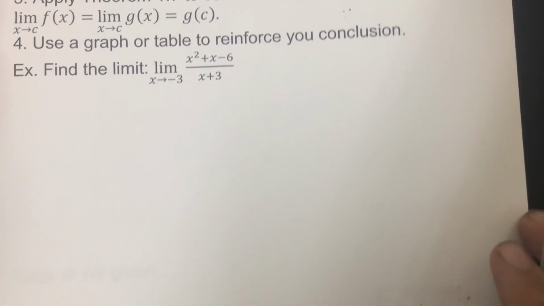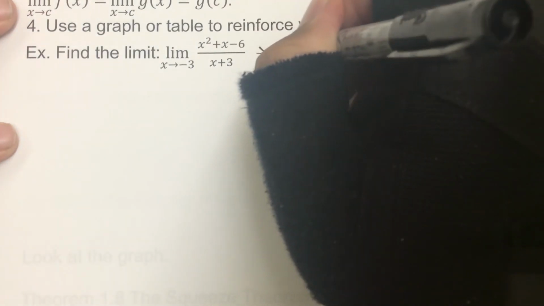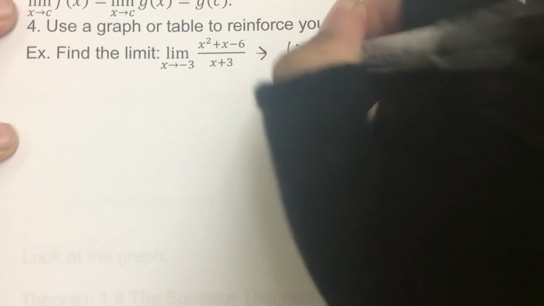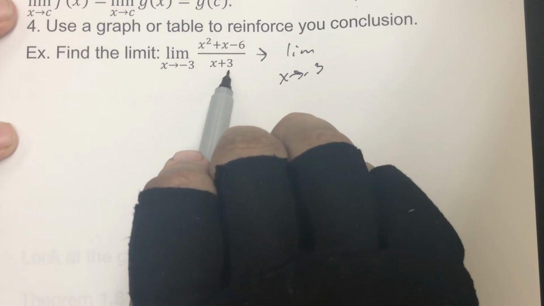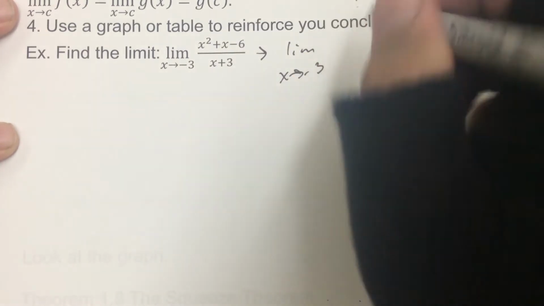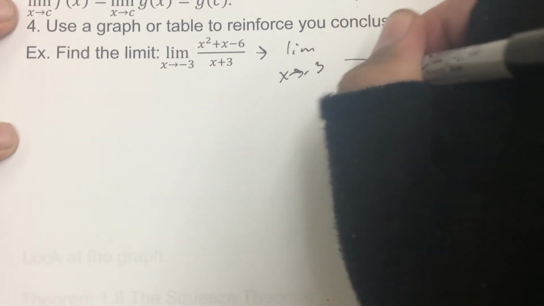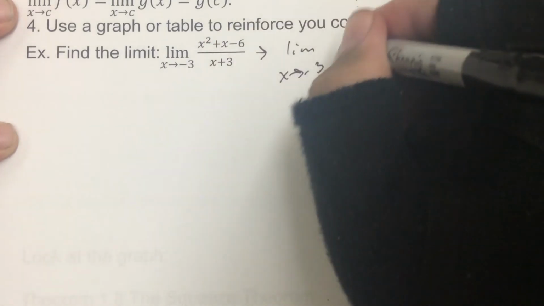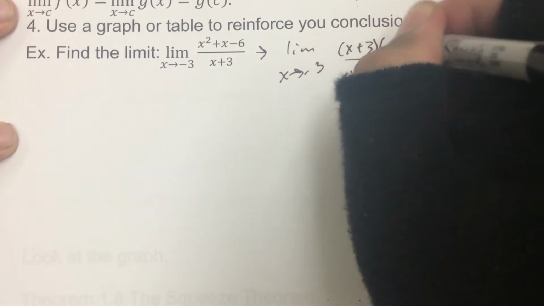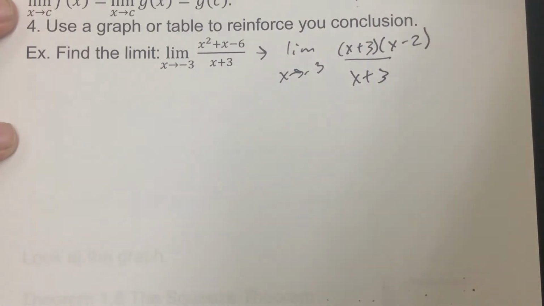So finding the limit of this value. Well, the limit as x approaches negative 3, we put that on the bottom. Negative 3 and 3 make 0. That's bad. So we can factor the top. Bottom will be x plus 3. Top will go to x plus 3, x minus 2.